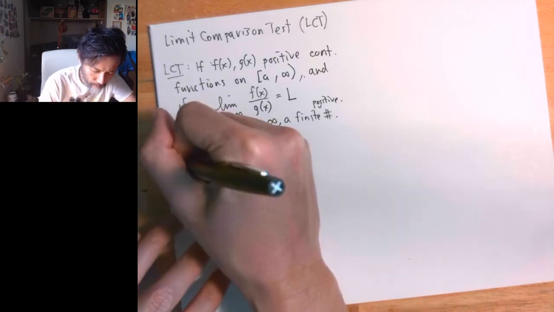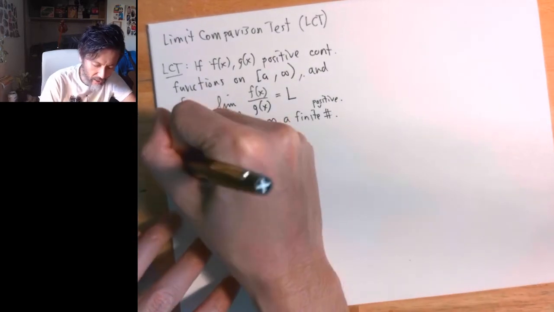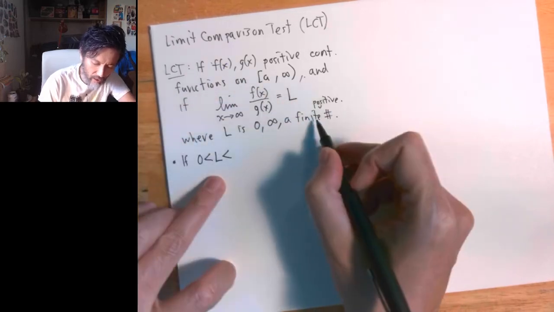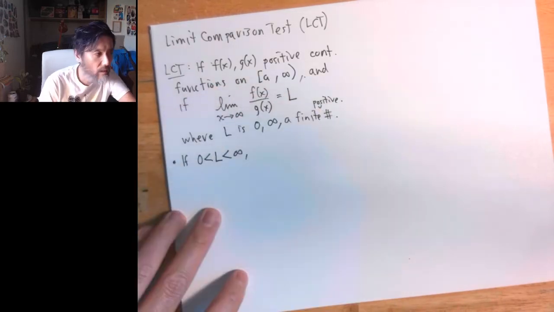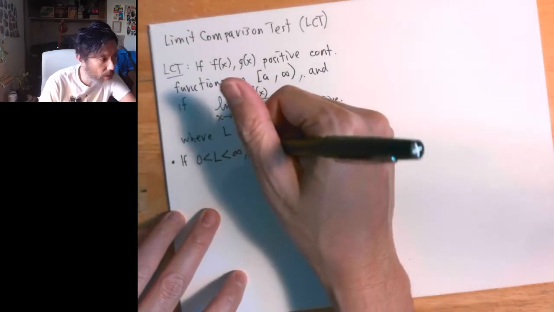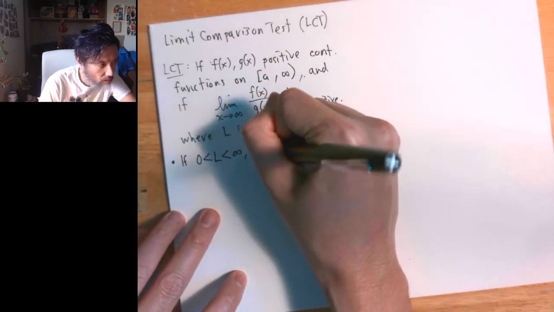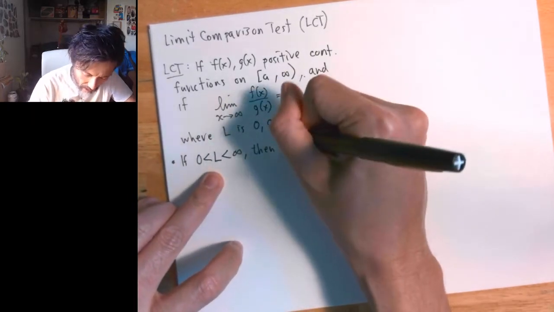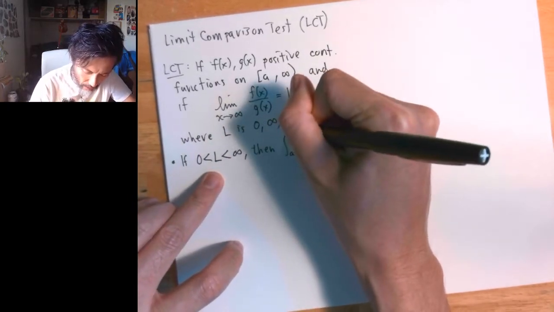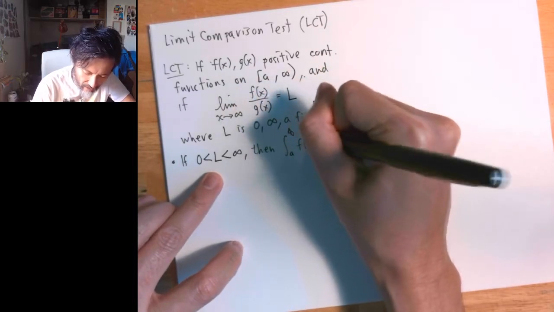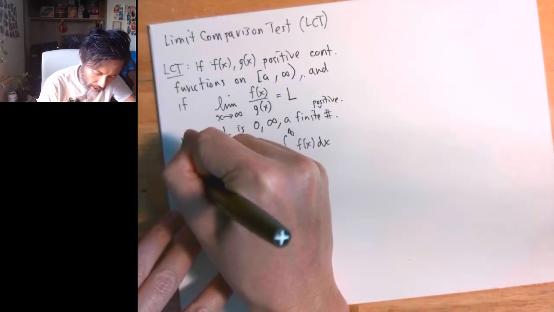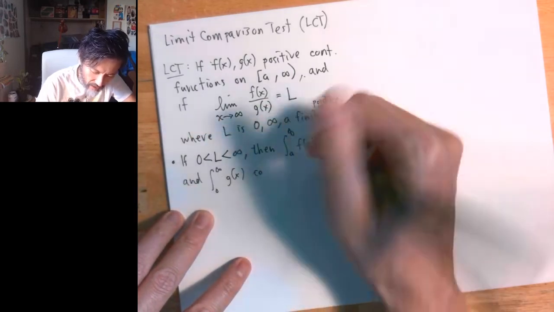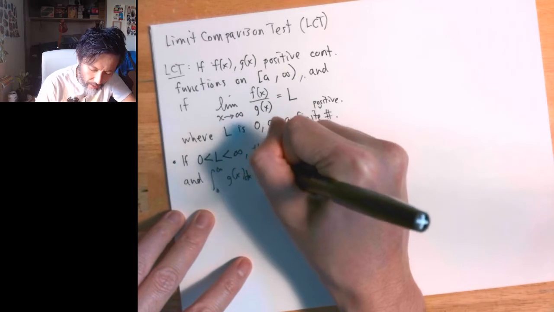The first deduction is that if L is between 0 and infinity, so this is the case where L is a finite positive number, then it must be the case that the improper integral from a to infinity of f of x dx and the integral from a to infinity of g of x dx converge or diverge together.